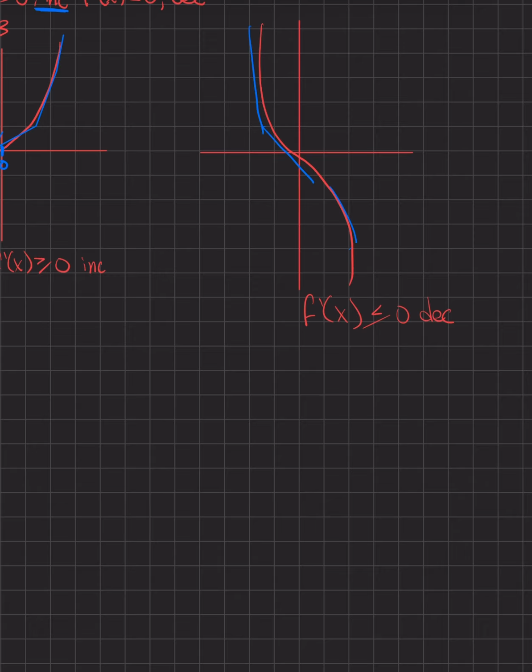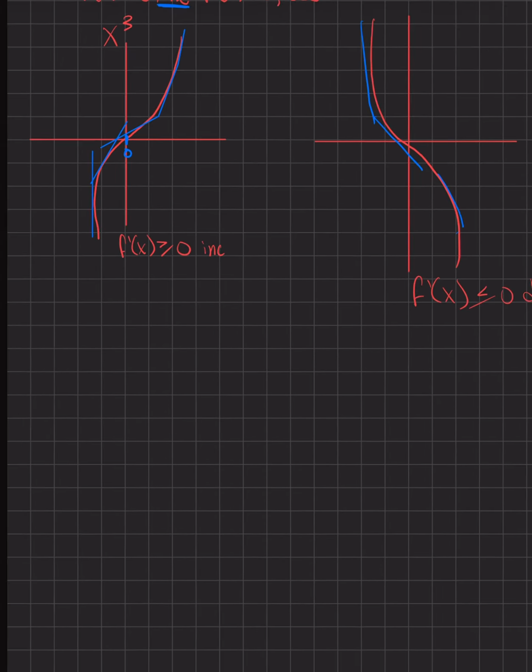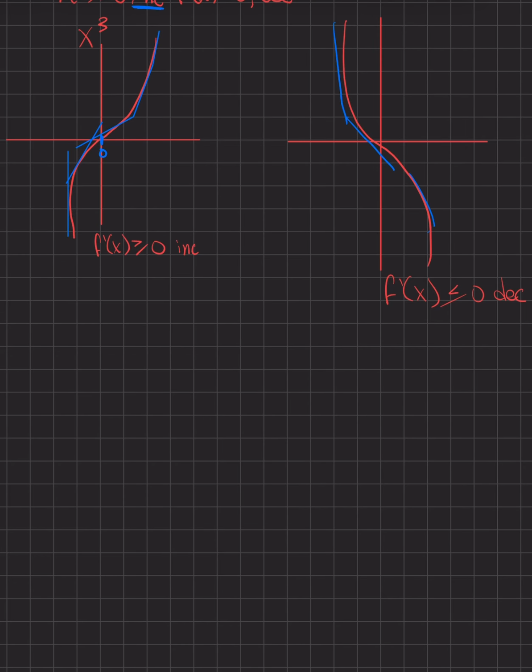Now, the next part that's going to help us out with evaluating the functions is we're going to go over concavity. Now, let's just write this in here. So, to start off, let's ask, what is concavity?